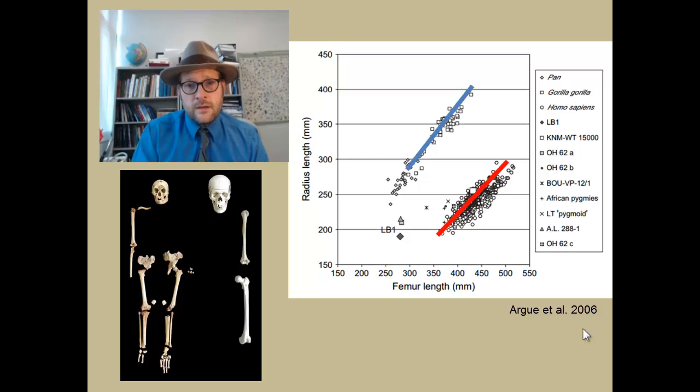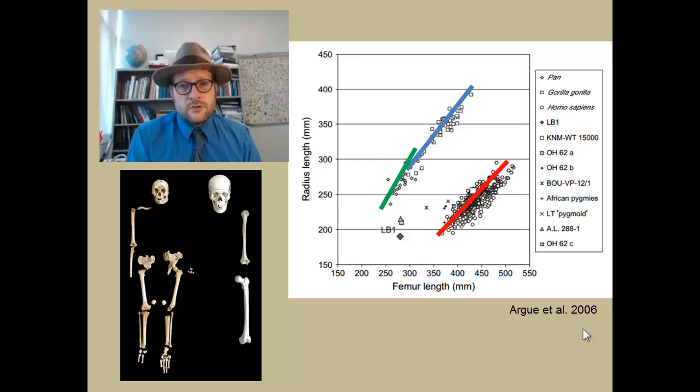They also put in gorillas and chimps, so chimpanzees. Each of these curves represents a growth trajectory. And so we would expect, if these are juvenile modern humans, they would fall within that line.